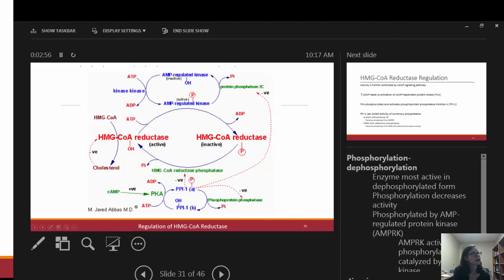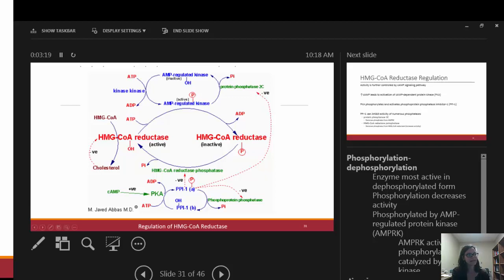So we have our HMG-CoA reductase here, inactive form, regulated by AMP-RK, which is regulated through kinase here. This activity of HMG-CoA reductase is further regulated through the secondary messaging system of cAMP.